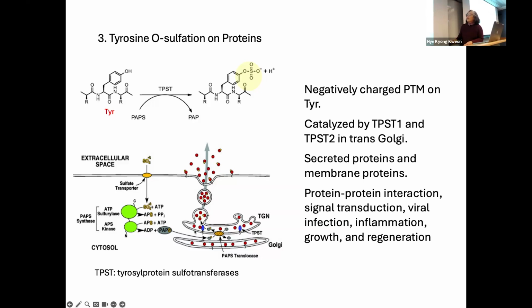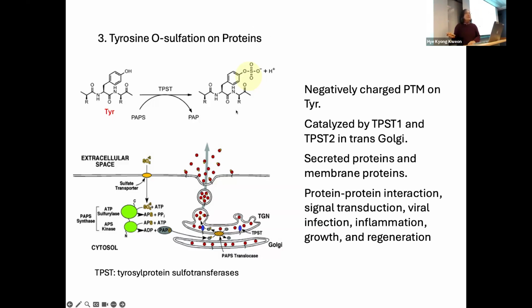There, an enzyme called tyrosyl protein sulfotransferase is a specific enzyme that modifies a protein tyrosine site to sulfated tyrosine.